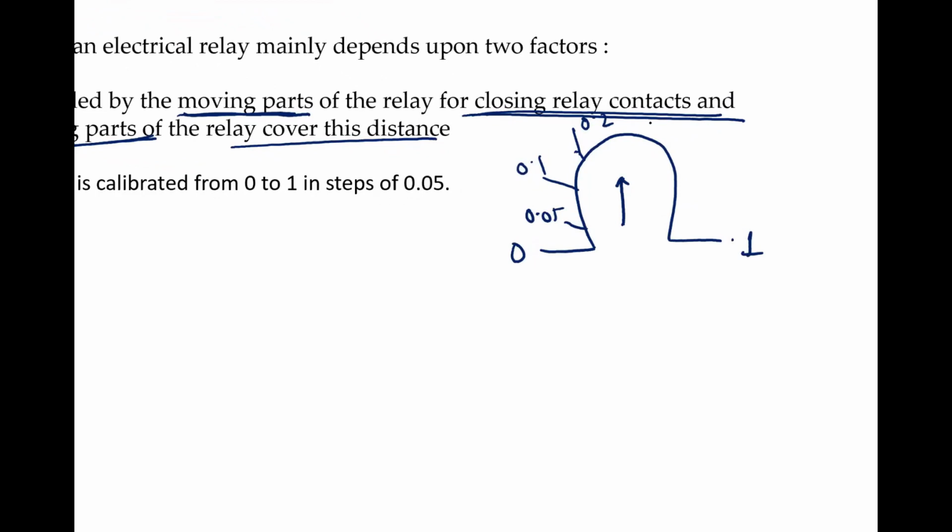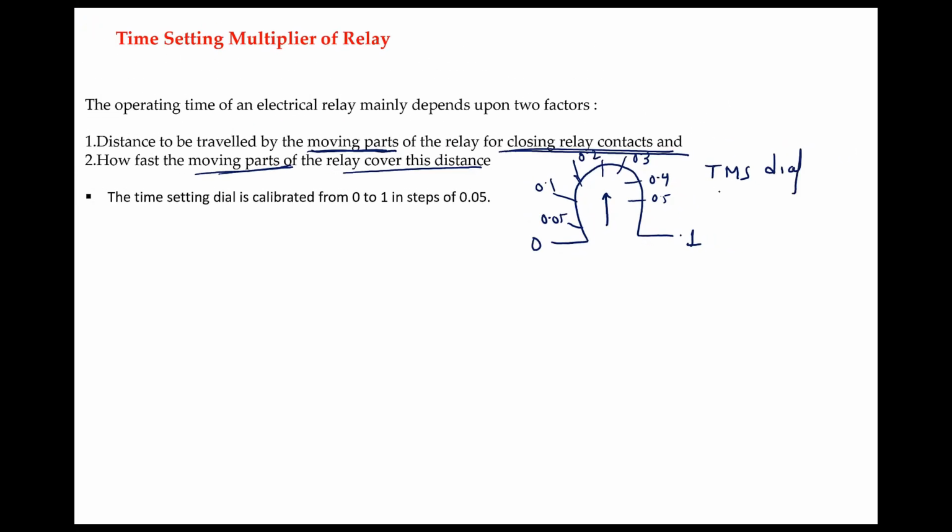So this dial you can adjust to any value. This particular value is called the TMS dial. So the operating time you can increase or decrease by changing the TMS setting, time multiplier setting.